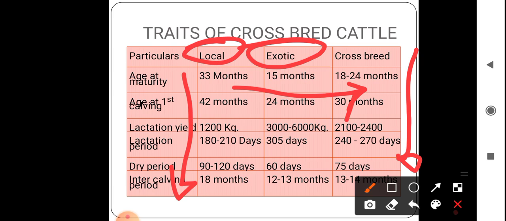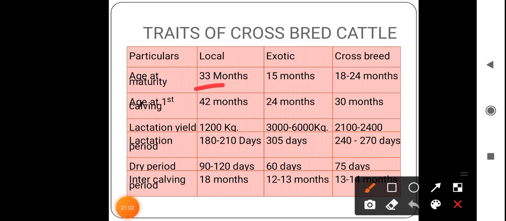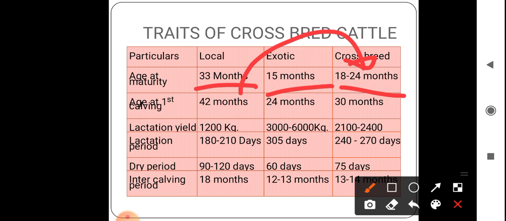You can just see here, age of maturity: a local cow is 33 months, exotic cow is 15 months, crossbred cow, how much is it? 18 to 24 months. So it is reduced from 33 months to 18 months. Age of first calving, for local variety it is 42 months, for exotic varieties it is 24 months, and for crossbreed it is 30 months.